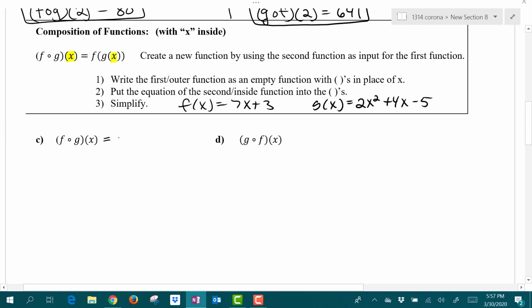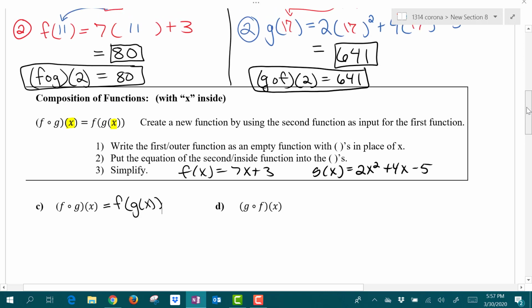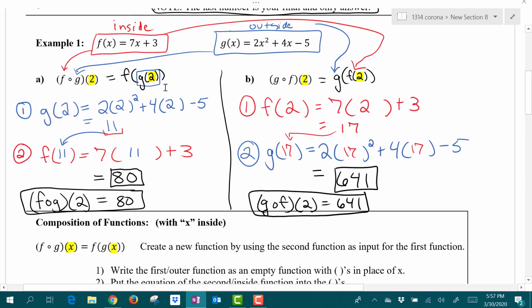Alright, so first we'll work with our definition. F with parentheses, and then we're going to put g inside, and then we'll put x inside. Now remember the first step for the problems we did with the numbers was to put the number into the inside function first and then see what results from that, and then we took the result and put it into the outside function.